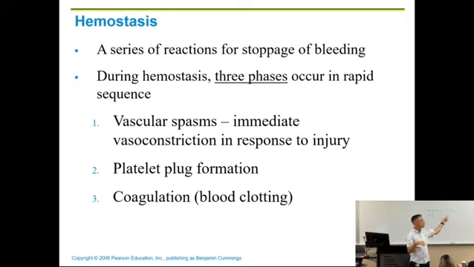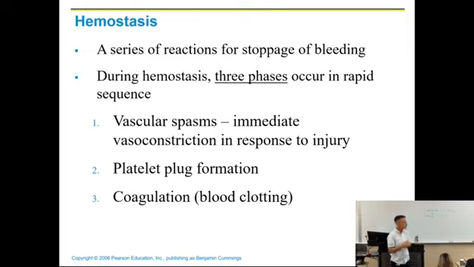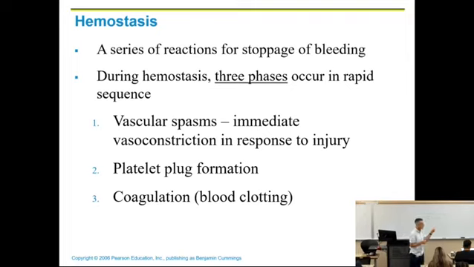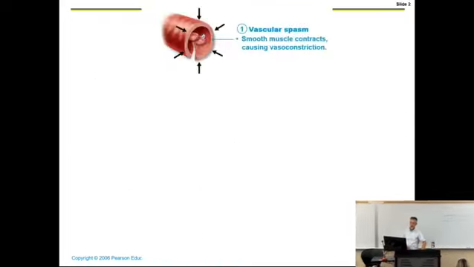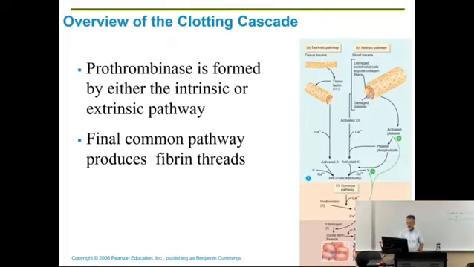So the first 2 steps in this hemostasis are pretty self-explanatory or basically simple to describe. A couple sentences you could describe those. The coagulation, the blood clotting, that 3rd phase is a bit more complex. In that one, what we would be talking about is basically what we see over on the right-hand side here, right?